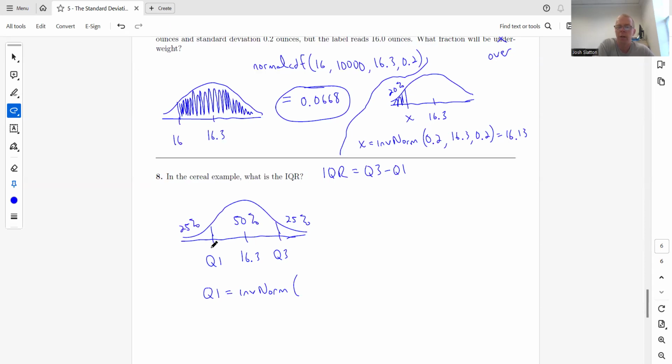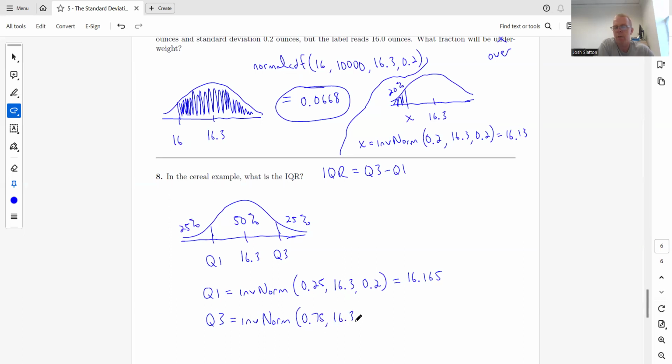What's the area to the left of Q1? That would be 25%, so 0.25. With our mean and standard deviation, we put that in the calculator and we get 16.165. Then Q3, inverse norm. What's the area to the left of Q3? 50 plus 25, that's going to be 0.75.